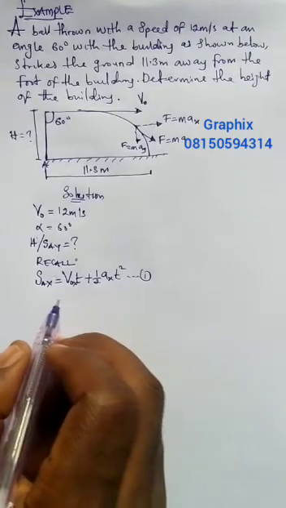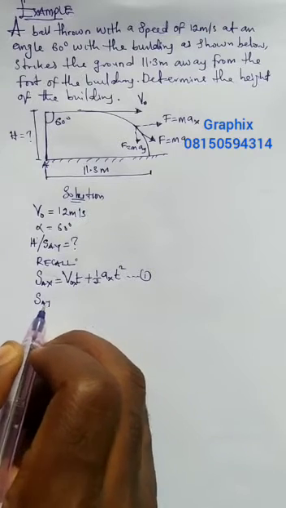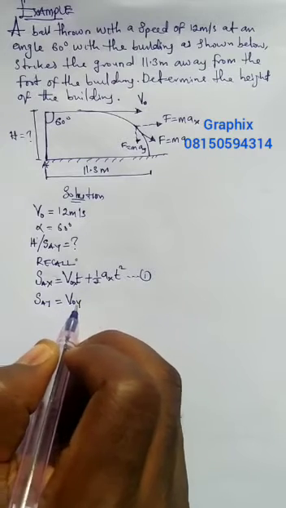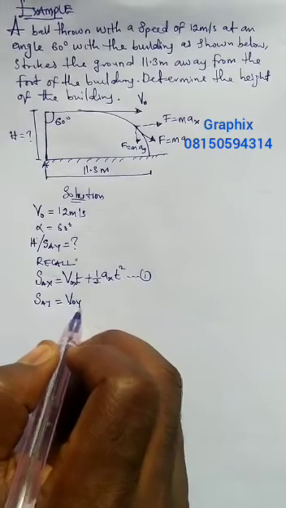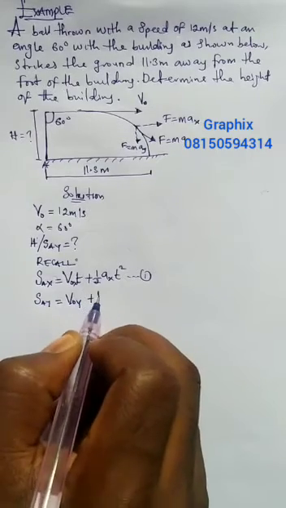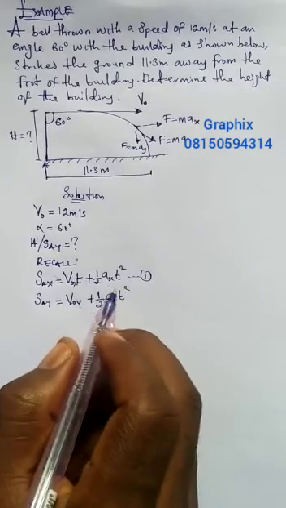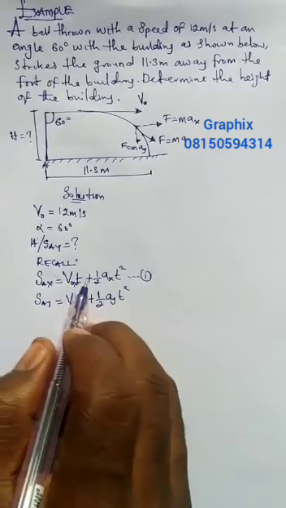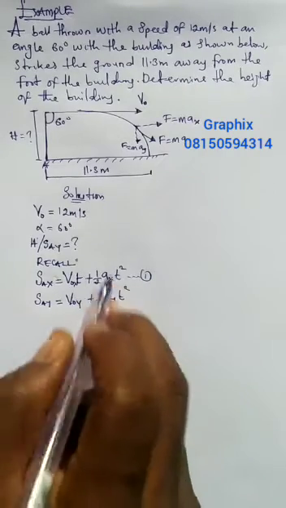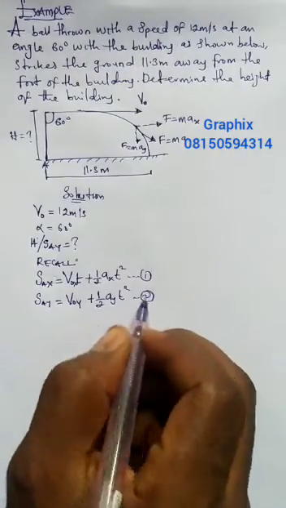Similarly, S_AY will give me V0Y, that is initial velocity along Y, times T, plus half AY T square. AX is acceleration along the horizontal axis, AY is acceleration along the vertical axis. This is my equation 2.